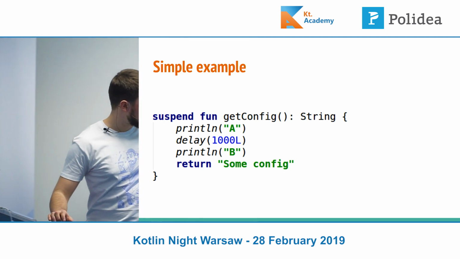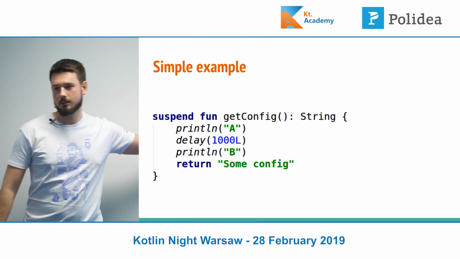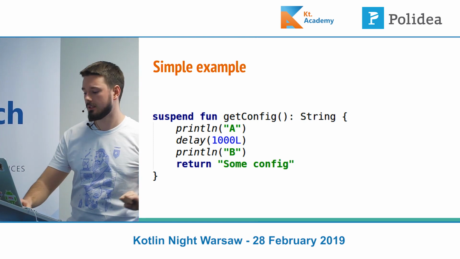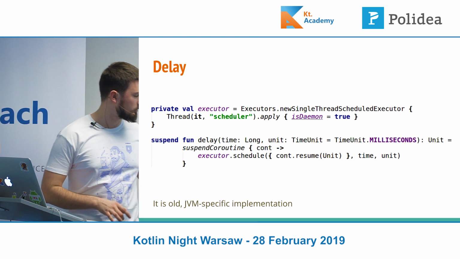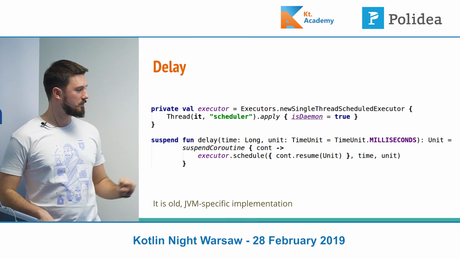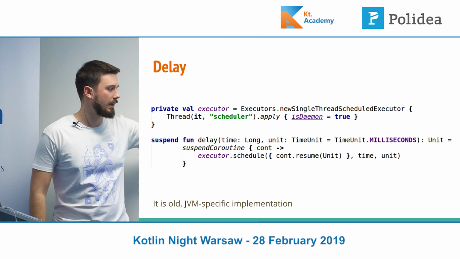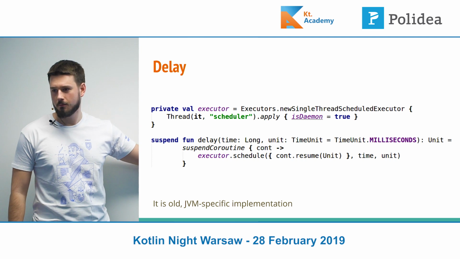So what is this delay function? It's a totally different concept than Thread.sleep. It's a function that suspends a coroutine and releases it after a moment. To see how it works, this is the old implementation. Right now it's a bit more complicated, but the initial JVM-specific implementation looked exactly like that. So delay suspends the coroutine.